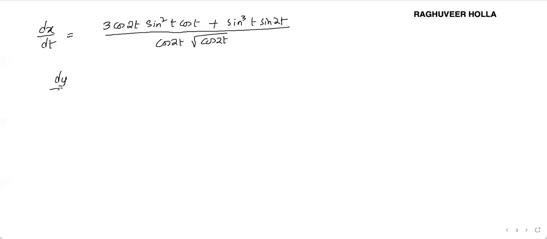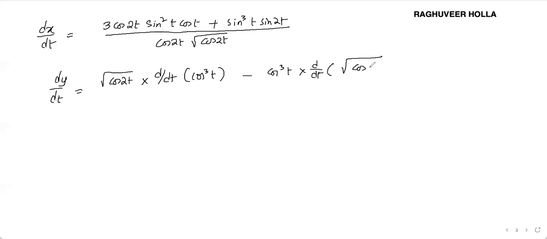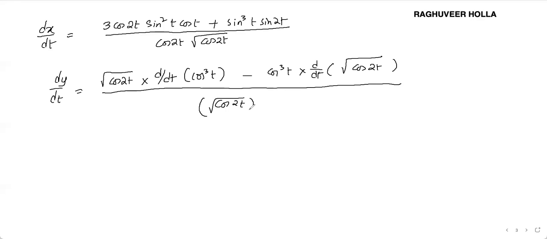And dy by dt is square root of cos 2t multiplied d by dt of cos cube t minus cos cube t multiplied d by dt of square root of cos 2t, divided by square root of cos 2t whole square.